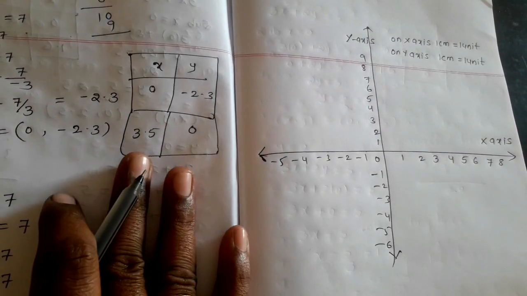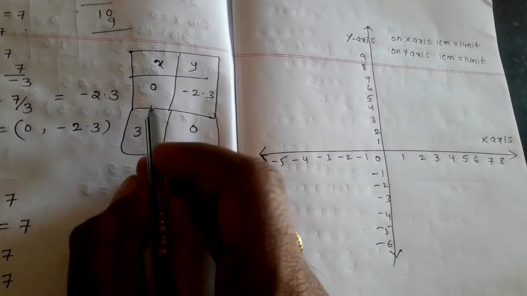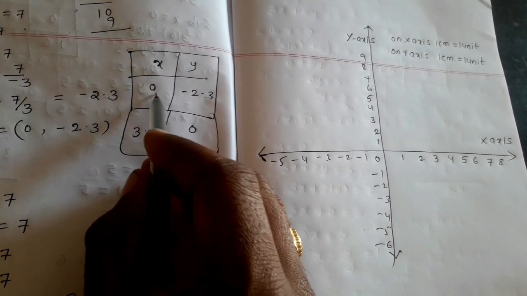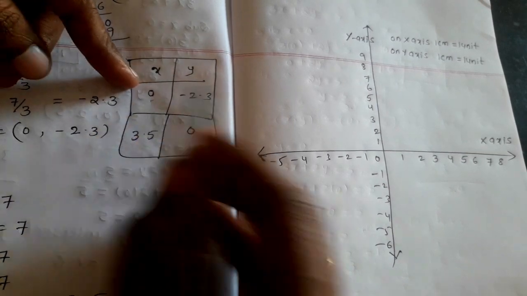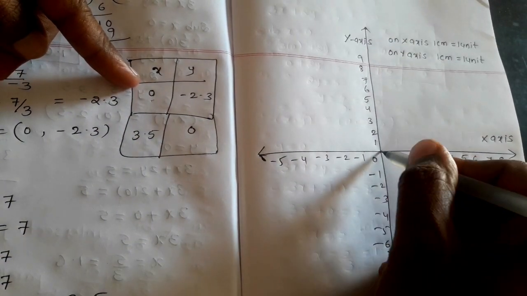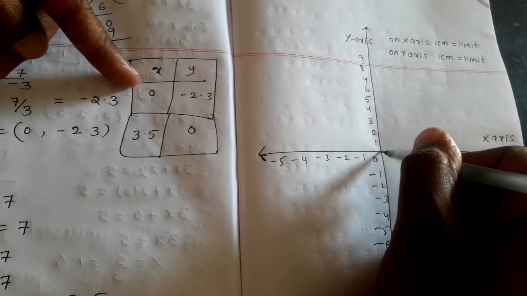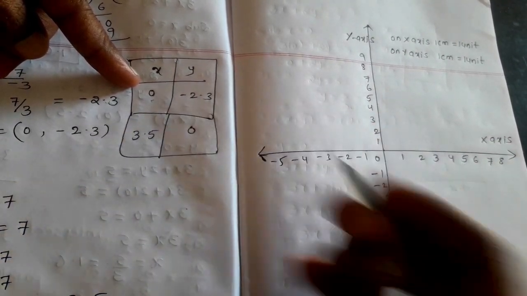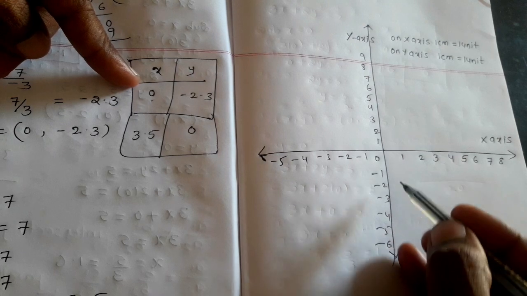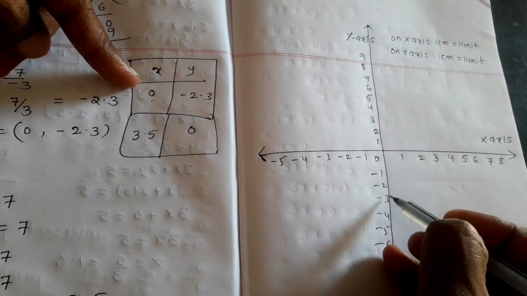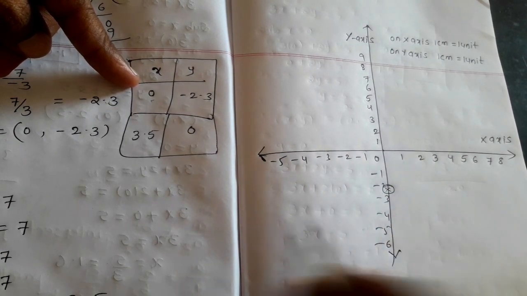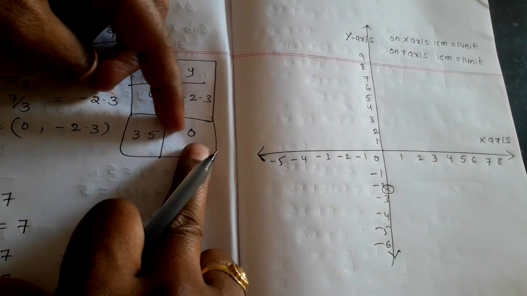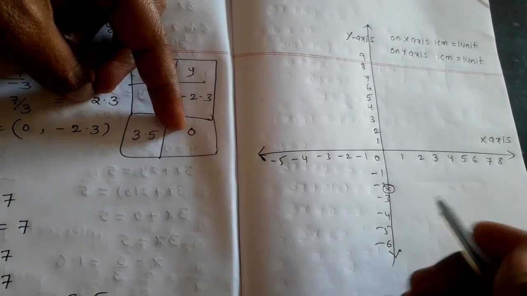So now you see, first I will mark these points. When x is 0, y is minus 2.3. x 0, horizontal line x value, vertical line y value. So minus 2.3 here. Where is minus 2.3? It is in between minus 2 and minus 3. It is somewhere here.